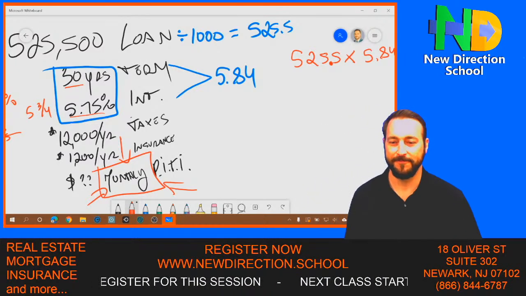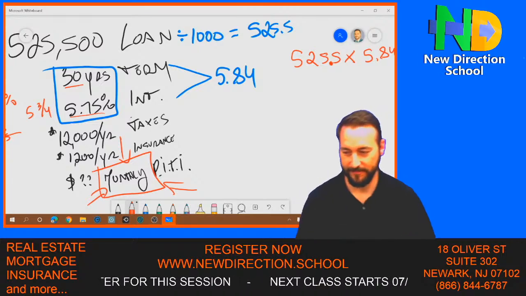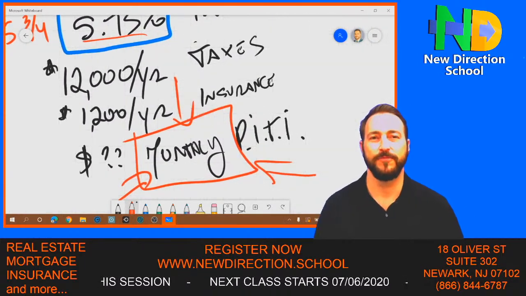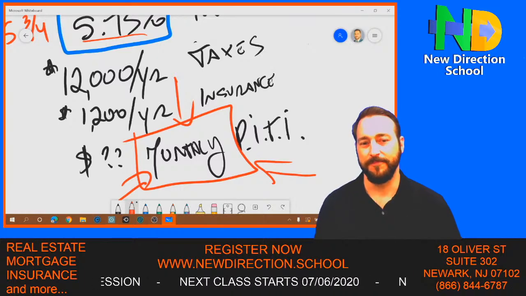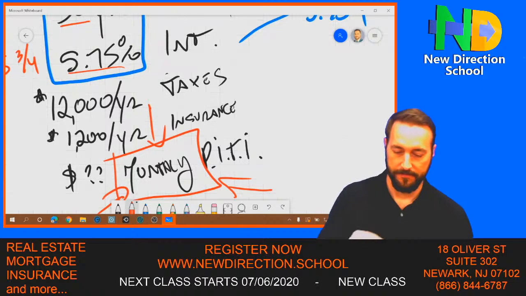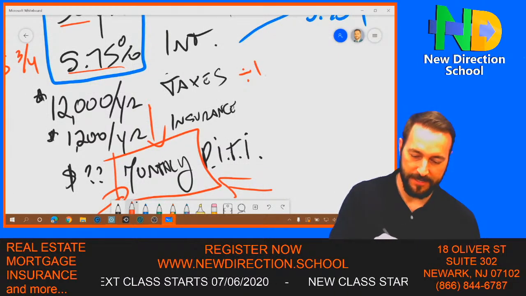All right, guys, you ready? Ready to go over this? There you go. If they're asking you for monthly and the figures given are yearly, the first thing you have to do is to divide by 12.